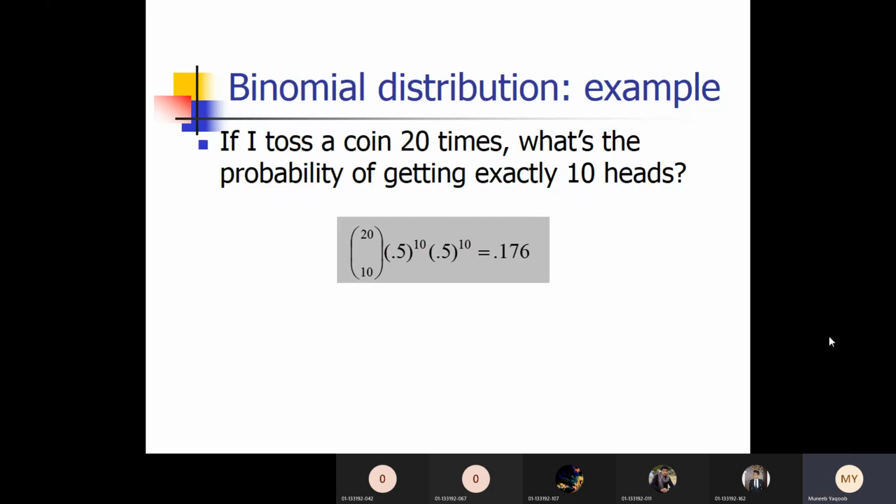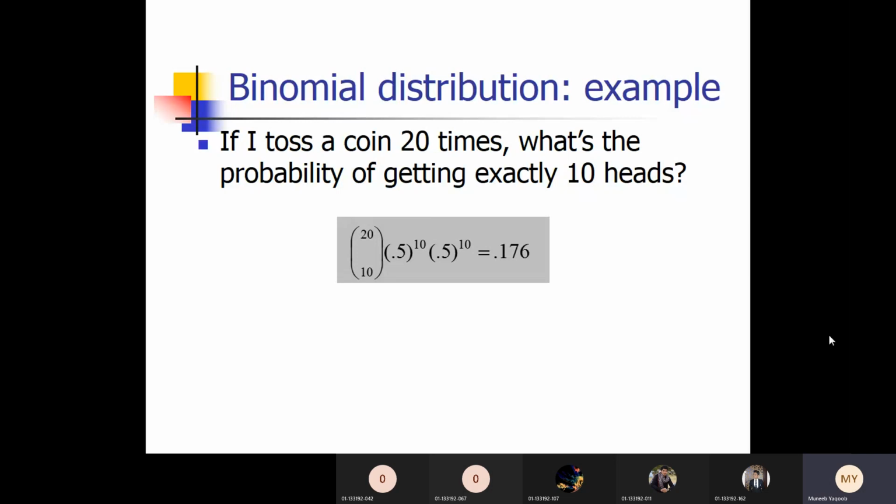Using the binomial formula, probability of capital X equals 10 is given by 20C10 p power x into q power n minus x. Since x is 10, we get 0.5 power 10 into q power 20 minus 10, that is again 0.5 power 10, and hence we got the probability, 0.176.